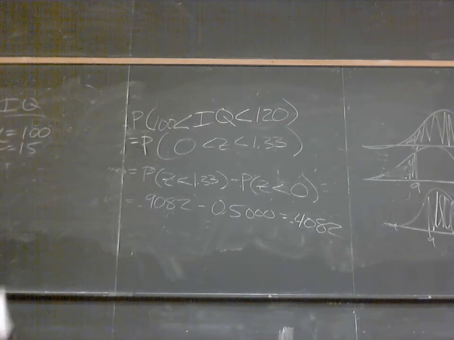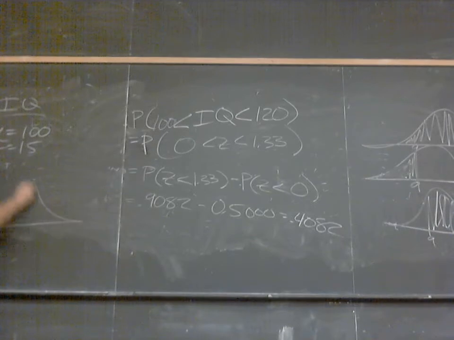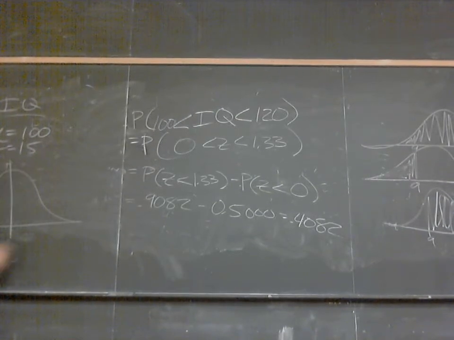Now I could go to the table and look up the z-score of 0, I'm just saying it's kind of obvious. So half the distribution's below 0, half of it's above 0.